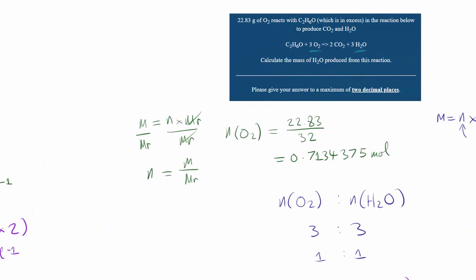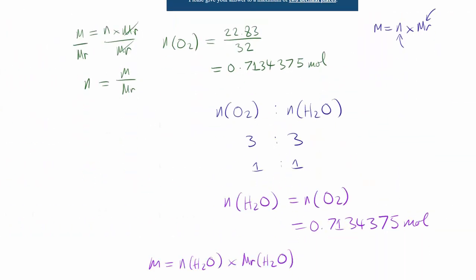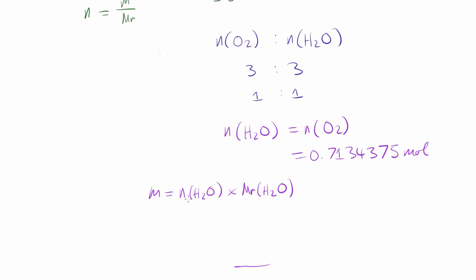So if we now take that 18 back to where we were here, this is therefore going to be equal to 0.7134375 multiplied by the MR of H₂O, which we just worked out, therefore multiplied by 18, right?